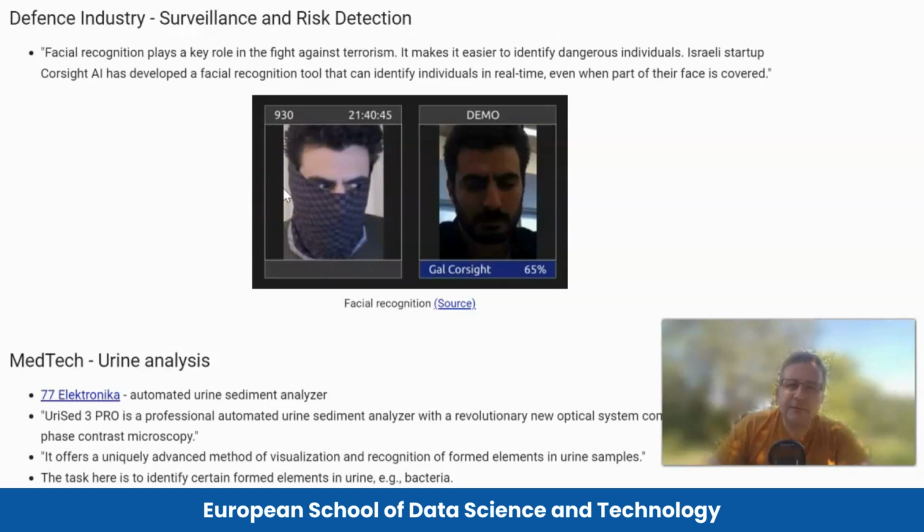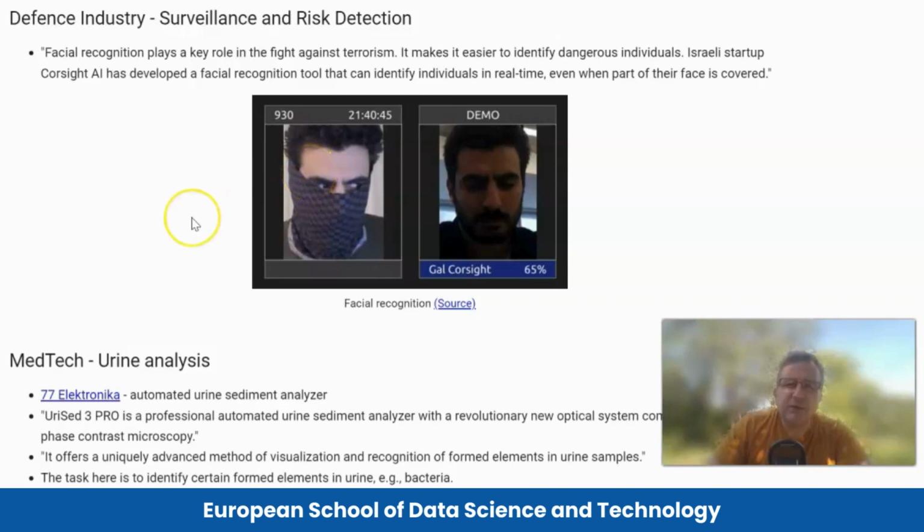And the developers of these algorithms claim that they developed an algorithm that is able to detect a face even when half of the face is covered, like in this case. Just think about it, how would you solve this problem? So let's say, okay, I go for the eyes. I detect only the eyes, the distance between the eyes, the color of the eyes, or I go for the eyebrows.